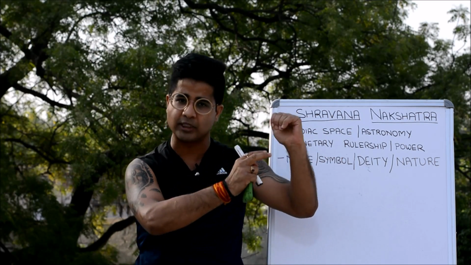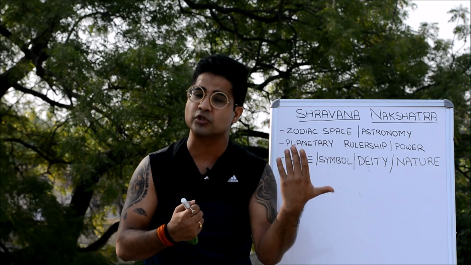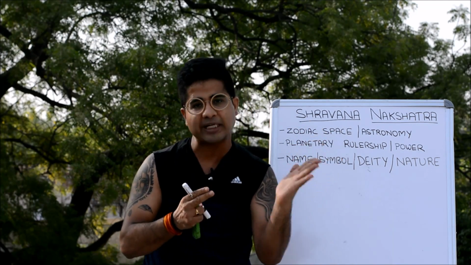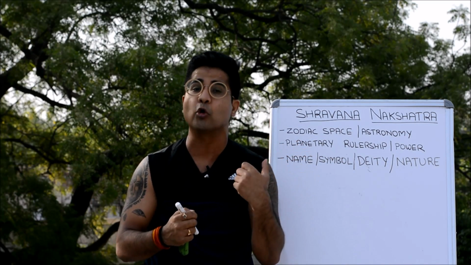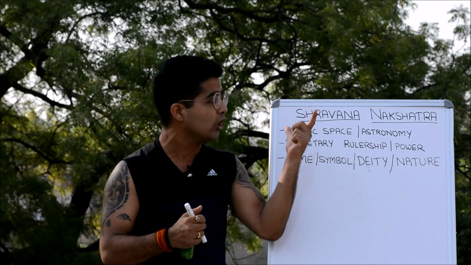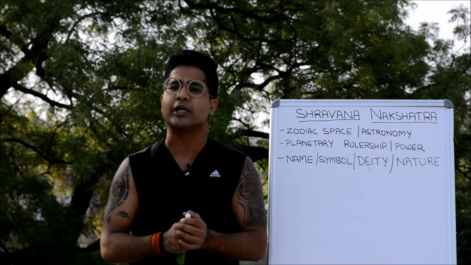So one particular time which might be very suited for laying foundation for any construction work, beginning and entering into a new residence, might not be very suited for going for a travel, going for a marriage. So all these things you get to know only if you have a strong hold on these 27 nakshatras. All of that we have already discussed in the introductory videos.